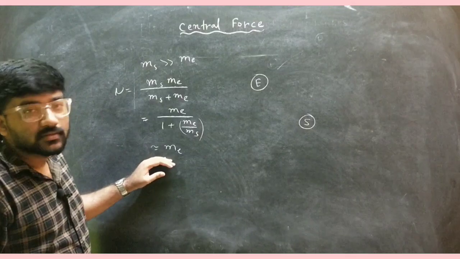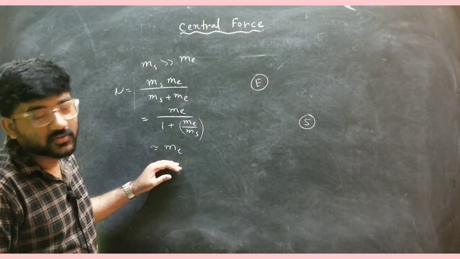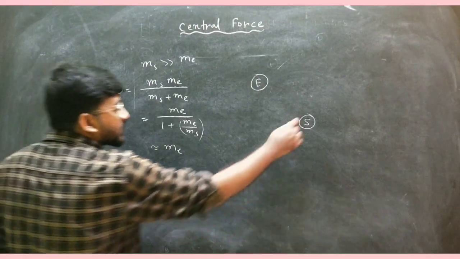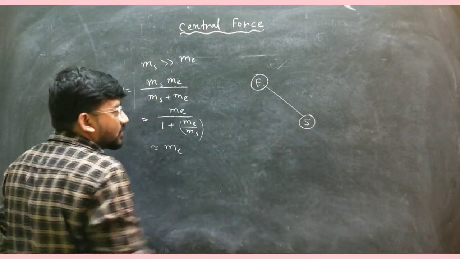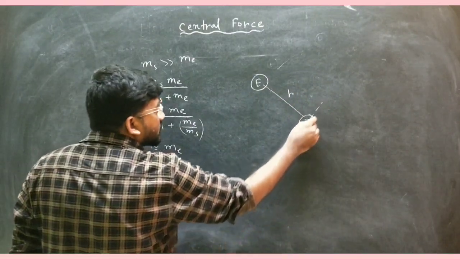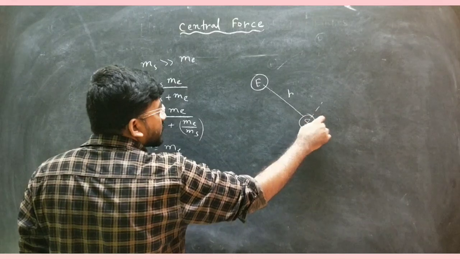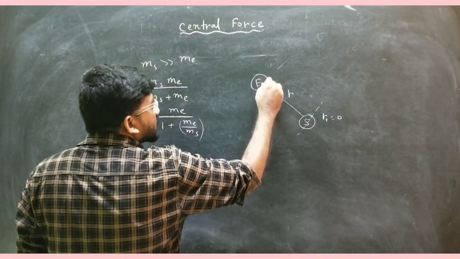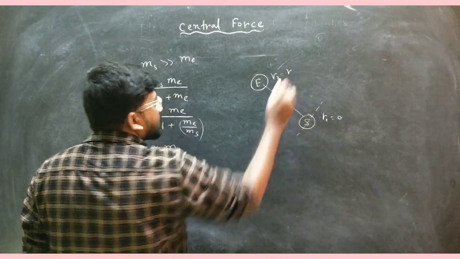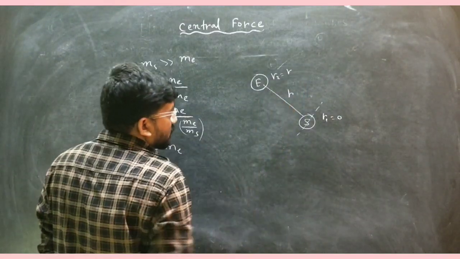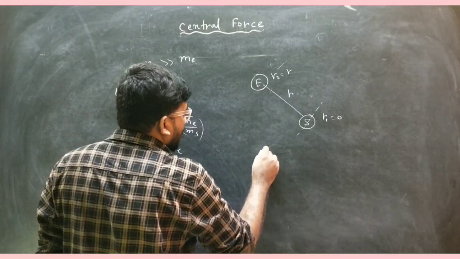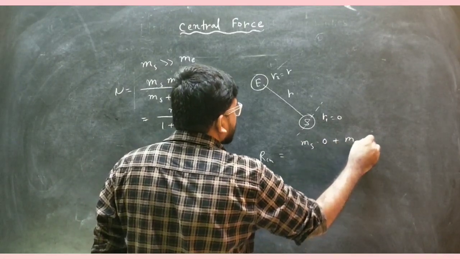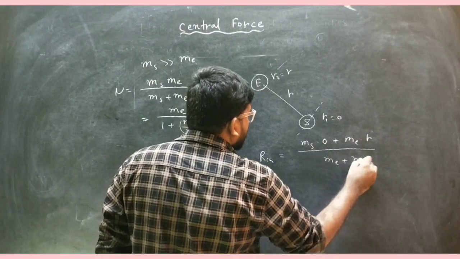Now what will be the position of this mass, or the position of the center of mass? You know mu is moving with respect to the center of mass, so you have to find the position of the center of mass. With respect to the sun, take the distance between earth and sun as r, and take the sun as origin, so the position vector of the sun will be r1 equal to 0, and the position vector of the earth is r2 with respect to this point, so r2 will be r. So what will be the position of the center of mass? r center of mass will be the mass of sun into 0 plus the mass of earth into r, divided by the mass of earth plus the mass of sun.